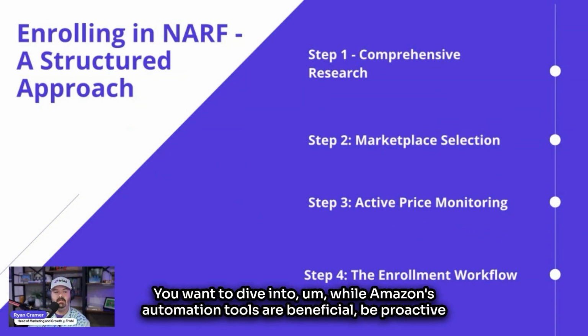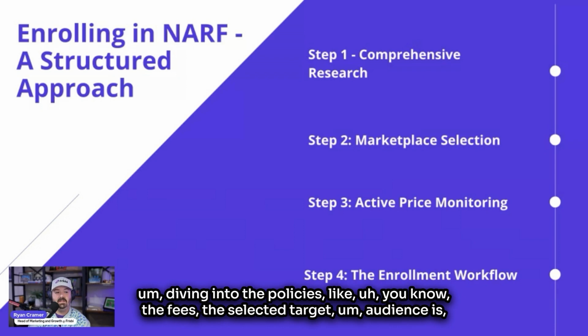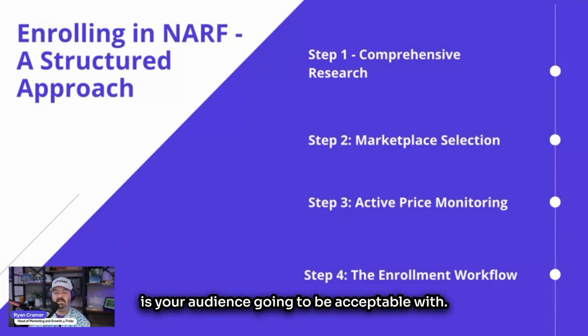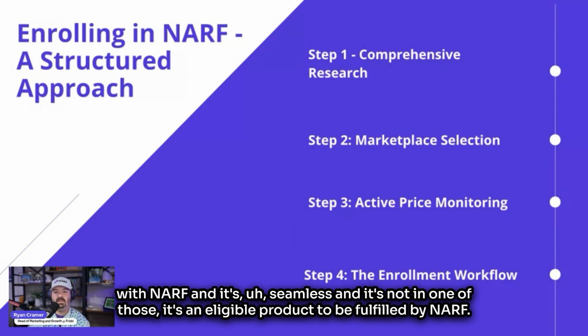While Amazon's automation tools are beneficial, be proactive with price management, ensuring optimal profitability. Dive into the policies like the fees and the selected target audience. Is your audience going to be receptive to the product that you're selling? And then make sure that your product fits with NARF and it's an eligible product to be fulfilled by NARF.